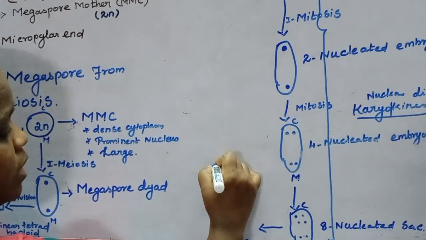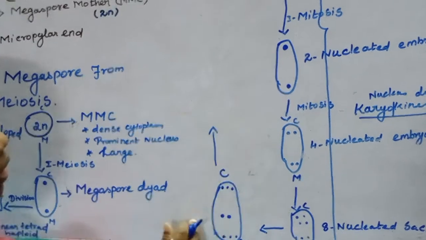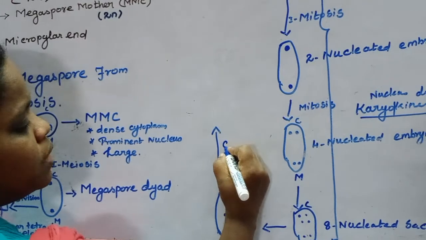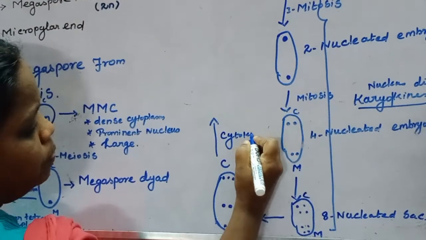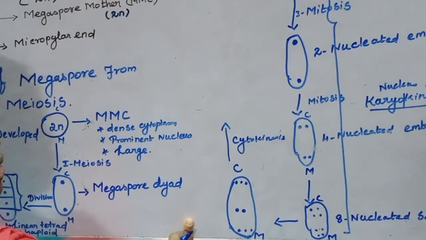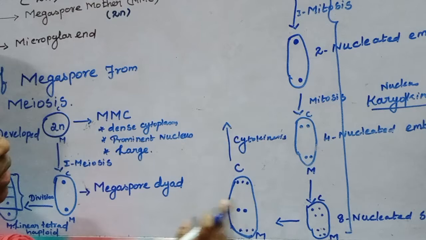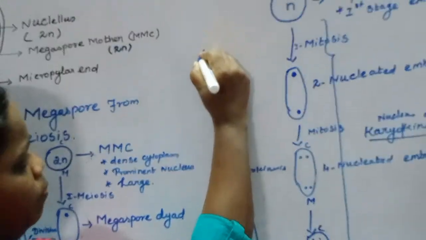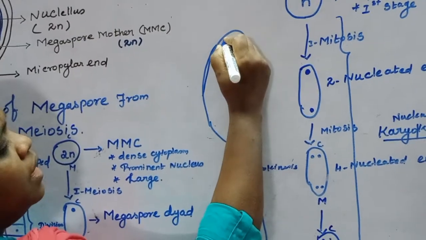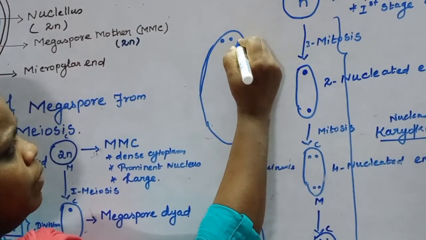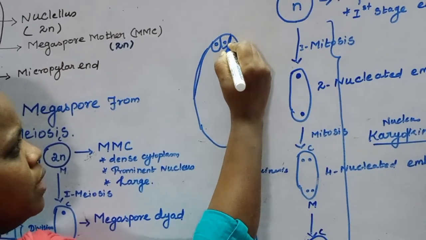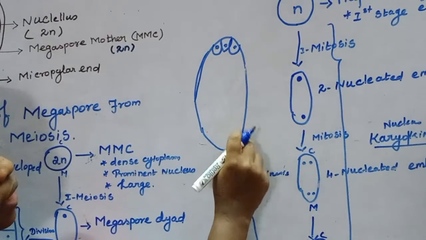Next, this 8-nucleated embryo sac undergoes cytokinesis. Cytokinesis means division of cytoplasm or cell wall formation. See, in the embryo sac, in the chalazal end, 3 nuclei are there, right? So around these nuclei, cell wall formation occurs.